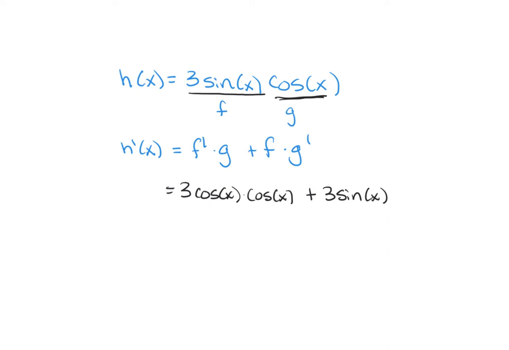Derivative of the second would be negative sine x. So we could simplify that down. We've got 3 cosine squared x minus 3 sine squared x.